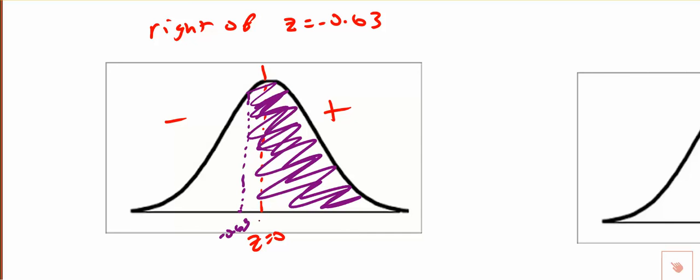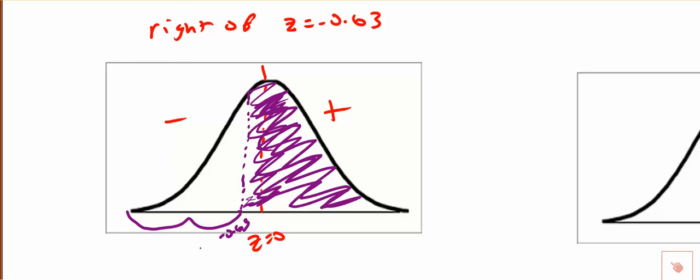However, the given area is going to be the area to the left of negative 0.63. So if I want to find the area to the right, I need to find out what it is from the left to negative 0.63, the area there, and then say 1 minus that number, because the whole thing under that curve is equal to 1.